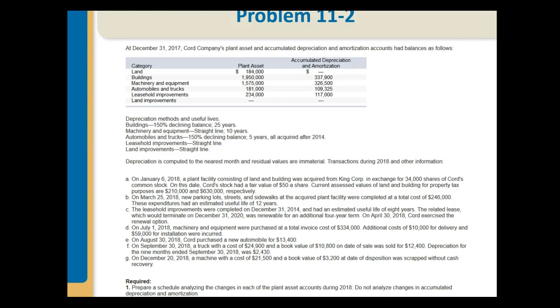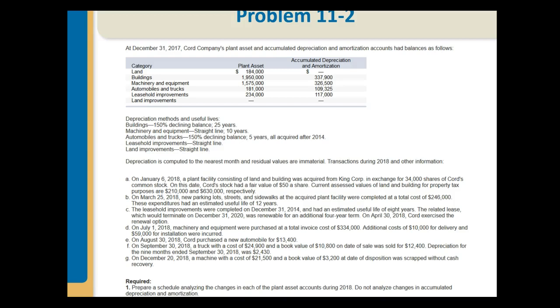Depreciation for the 9 months ended September 30th was $2,430. Then G. On December 20th, a machine with a cost of $21,500 and a book value of $3,200 at date of disposition was scrapped without cash recovery.